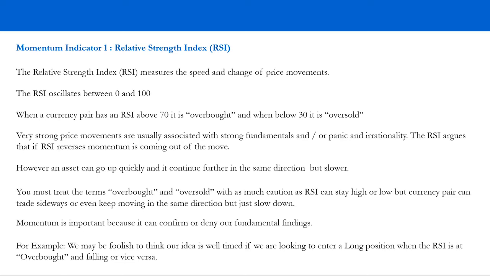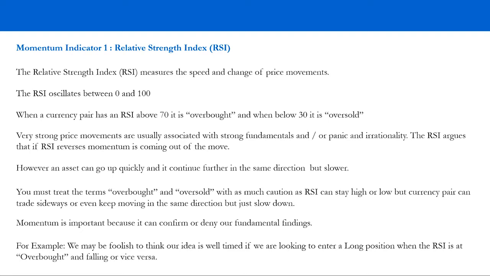So for example, we might be foolish to think our idea is well timed if we're looking to enter a long position when the RSI is in overbought conditions. Remember, overbought is always in quotations, oversold is always in quotations.